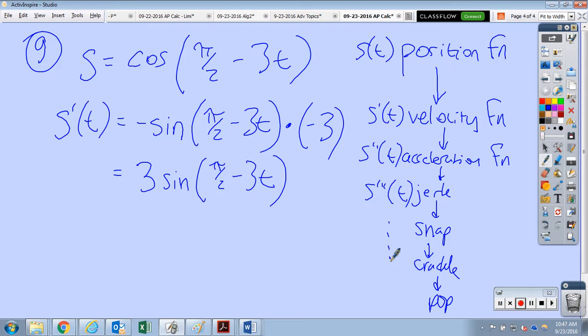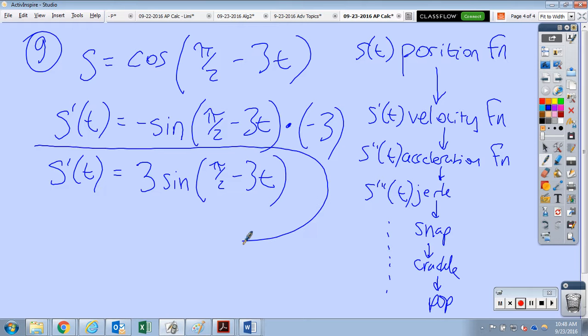You don't need to go past jerk. Yeah, so it's just a joke. Well, it's not really a joke, but it is kind of funny, I think. Someone had to think of it. Like, what do we call it? Let's call it snap, crackle, pop. Snap is the derivative of jerk, and the crackle function is the derivative of snap. You guys don't know if Mr. Gross is messing with us, or you?